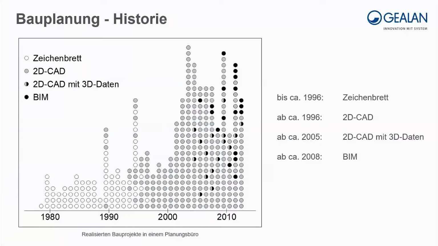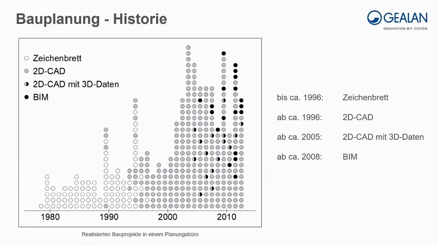Those circles filled have been actually planned on a drawing board. And you can see that starting from 2000 onwards, most of the projects were realized by CAD. And before, it was the drawing board and 2D CAD systems.